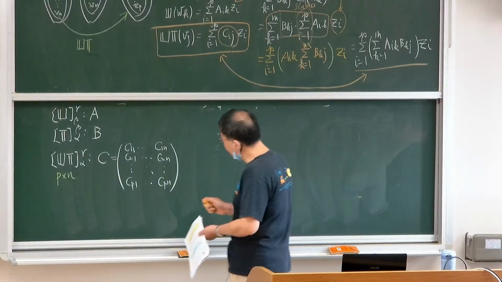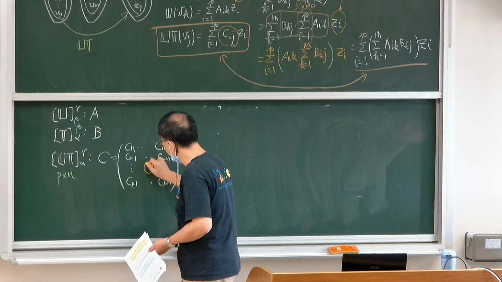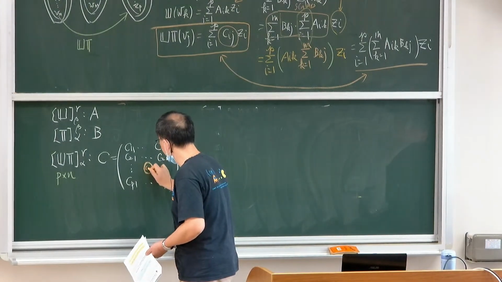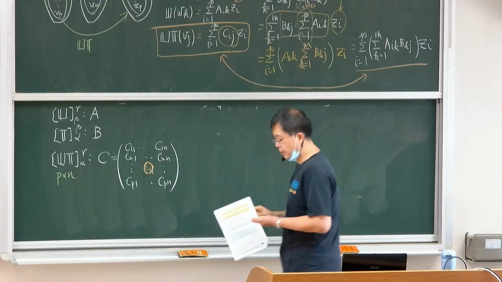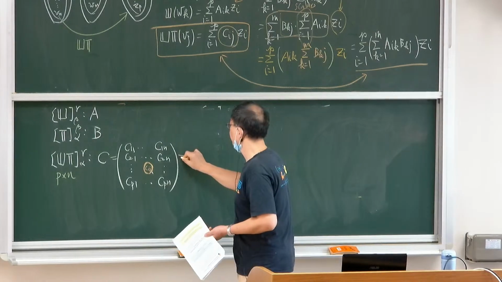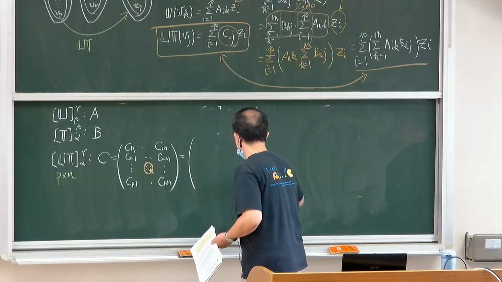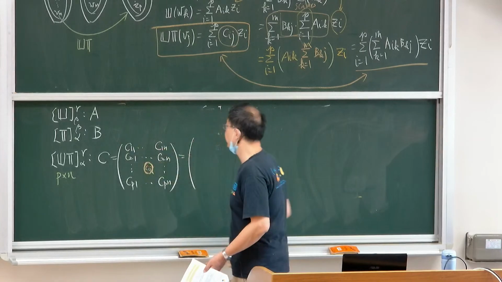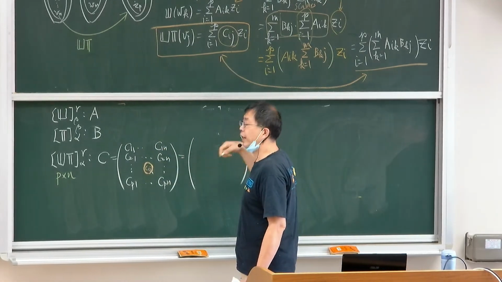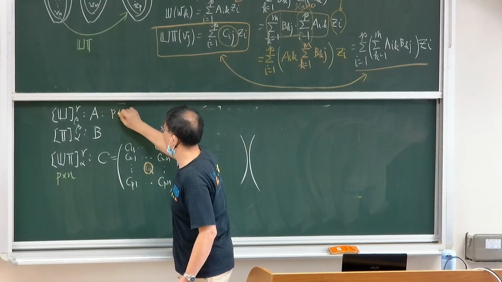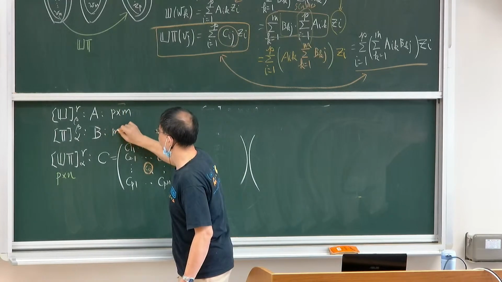So for one of the elements here, Cij, it will be equal to here. A becomes a P by M matrix. This is an M by N matrix.